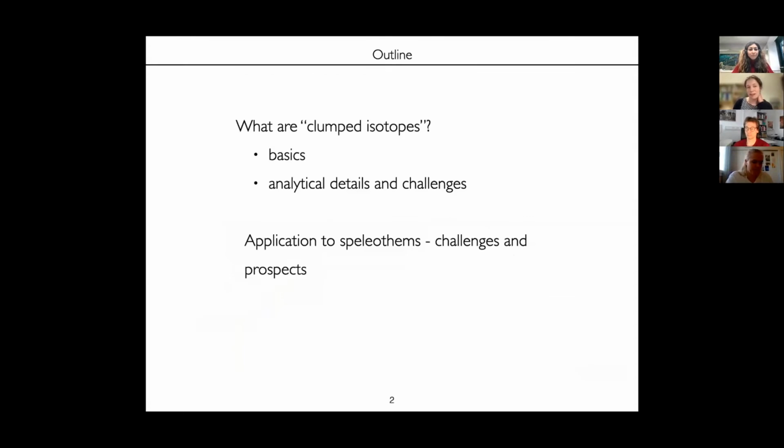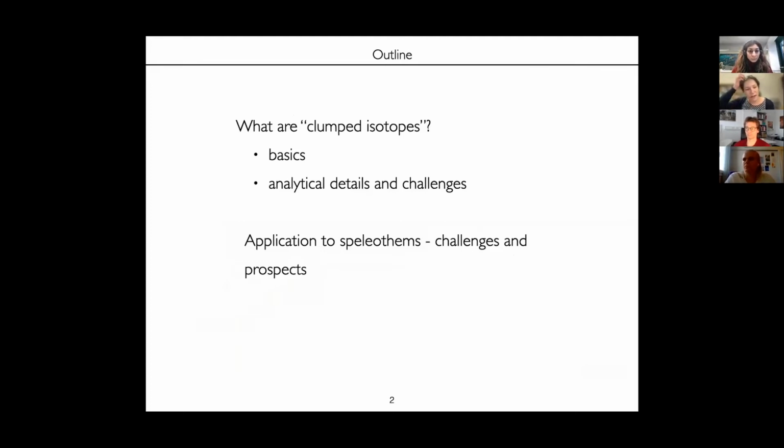What I want to do today is, the first part of the lecture will be about the basics. What are clumped isotopes? What are the principles behind them? And also just briefly, how we measure clumped isotopes and where the challenges are analytically. And then the second part of the lecture is about how we apply that method to speleothems, because it's a method that's applied in many different aspects of earth sciences.